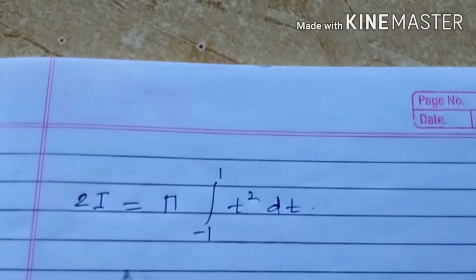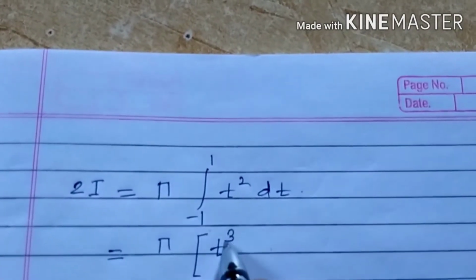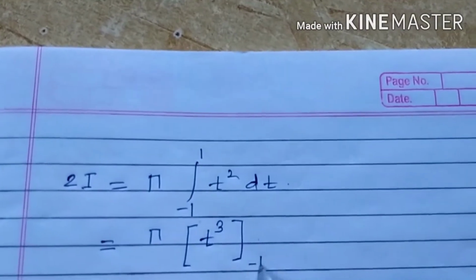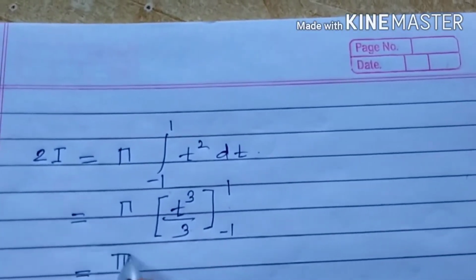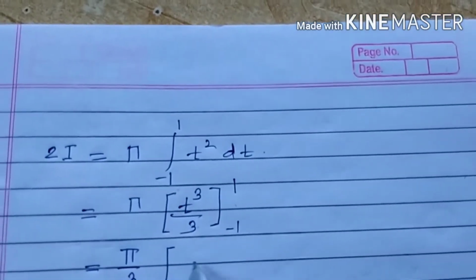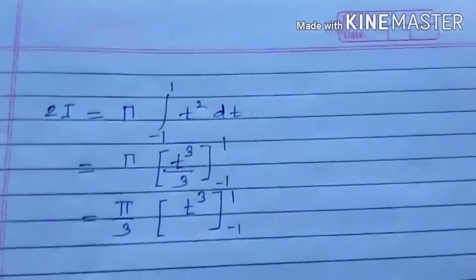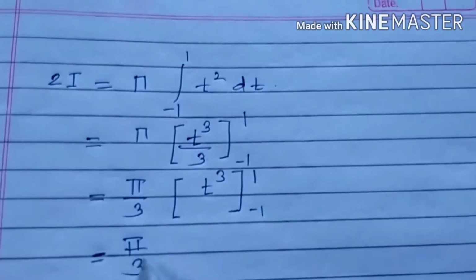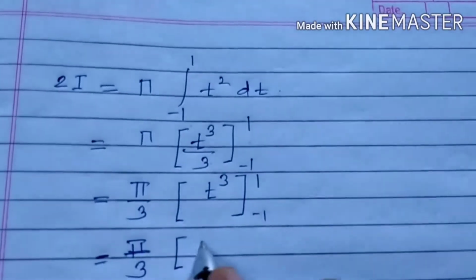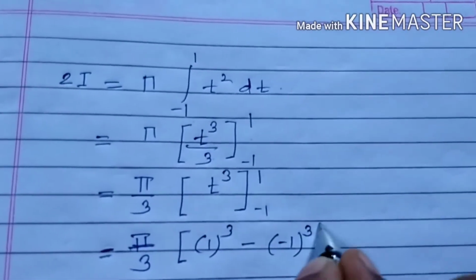Now take the integration. So pi times t cube upon 3 from minus 1 to 1. Now take 3 outside, pi by 3 times t cube from minus 1 to 1. Now first put the upper limit. So it is pi by 3 times 1 cube minus minus 1 cube.